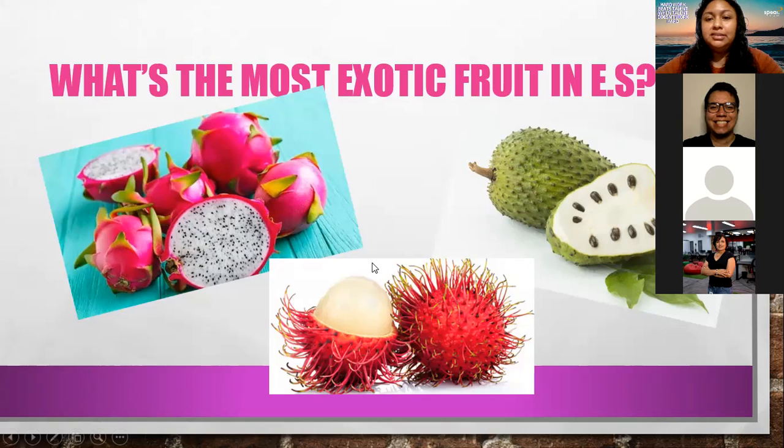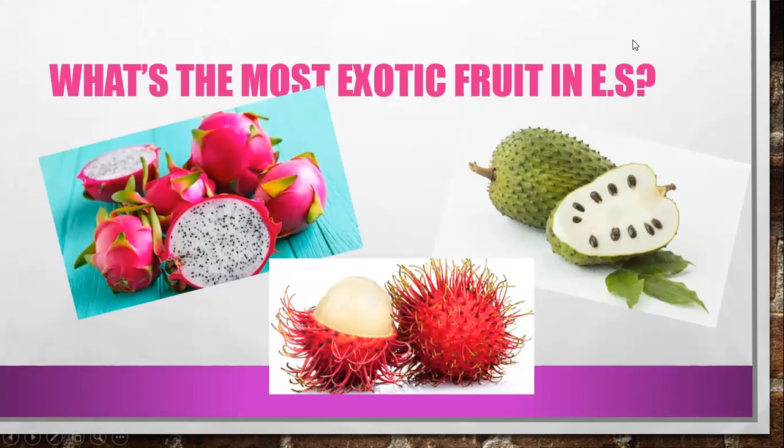Ricardo, what's the most exotic fruit in El Salvador? Is that pitaya? Oh yeah. This one in English we call dragon fruit, right? Yes, dragon fruit. Exactly. Do you know this other one? Not really, not even in Spanish.